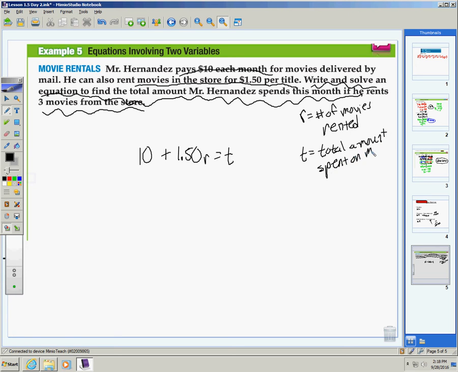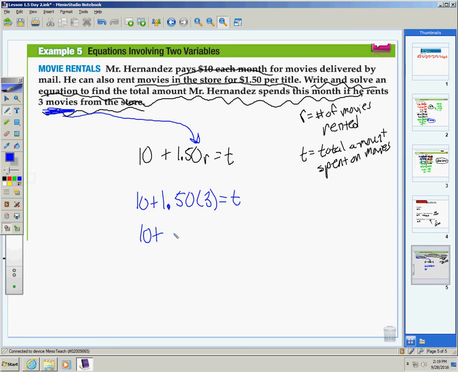So now, if I know he rents 3 movies from the store, I can very easily find out the total amount he spends. I would just plug in 3 for the R, because that's the number of movies rented. So I'd have 10 plus 1.50 times 3 equals T. Then I just solve from here. 1.50 times 3 gives me 4.50.